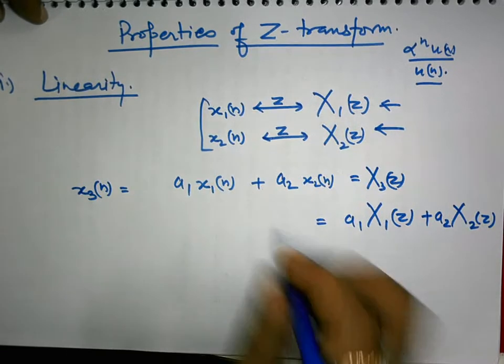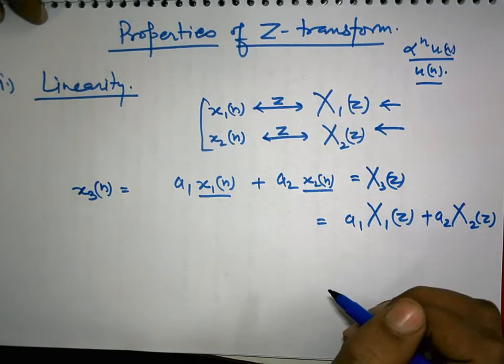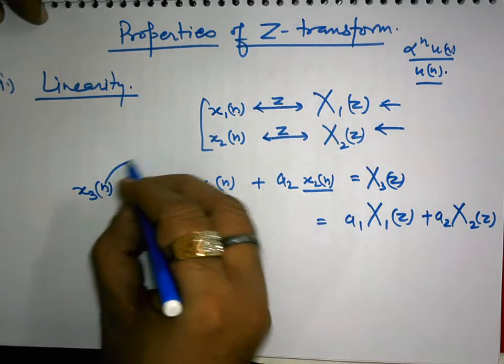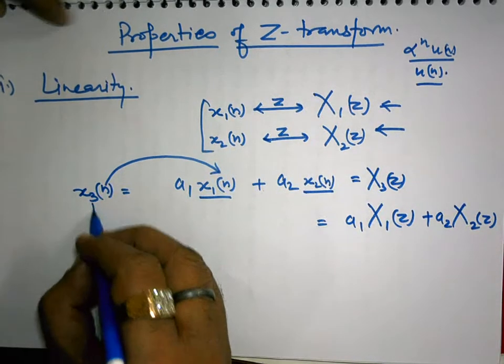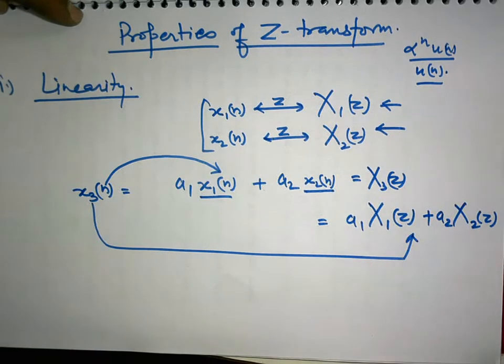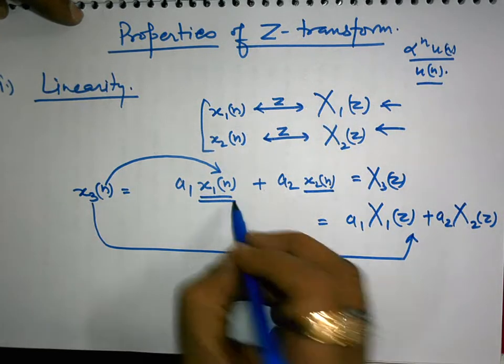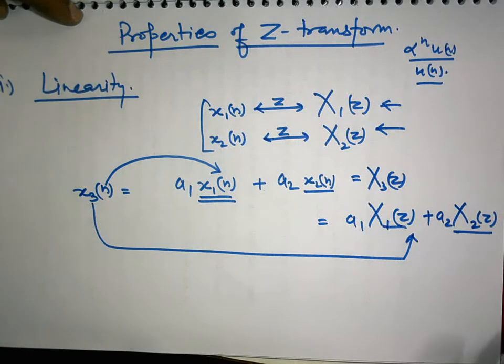So if the Z transform of these basic signals are known to you, and this complex signal is made up of these basic signals, then the Z transform of this complex signal can be easily evaluated. What I mean to say, the Z transform of this complex signal can directly be evaluated simply from the Z transform of these basic signals.